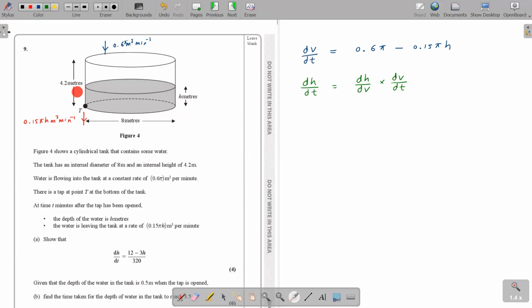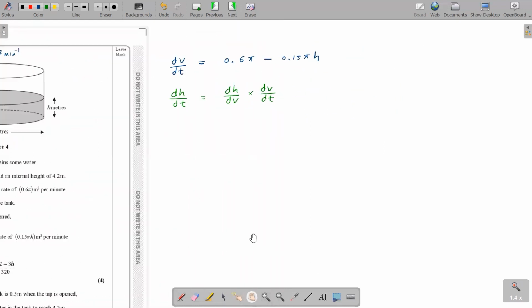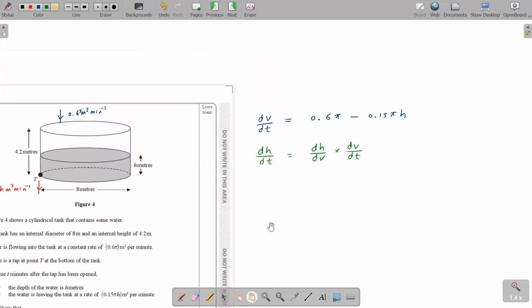So you can see this is a cylindrical tank, so the volume will be in the shape of a cylinder. What's the volume of a cylinder? Pi r squared h is the volume of a cylinder. Can I know what's the radius of this cylinder? You can see we have a constant radius.